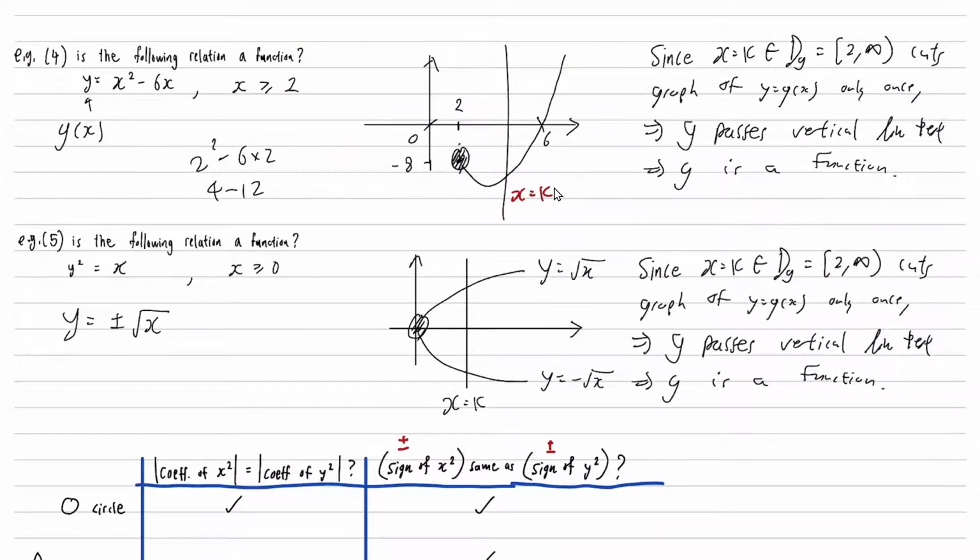Since x equals to k, an element of D, I'll call this f to be more standard. What's the domain? More than or equals to 0. So I change this 2 to a 0. Cuts the graph of y equals... Maybe in this case I can't really label it as f of x anymore.